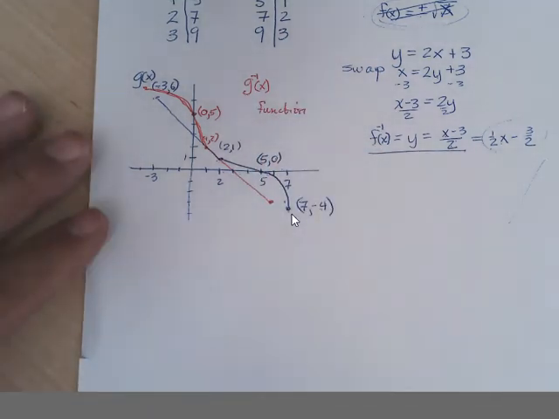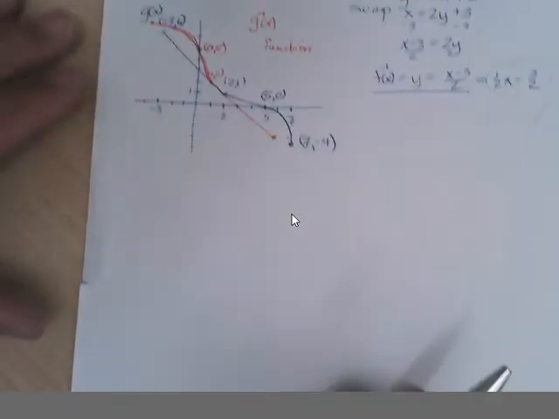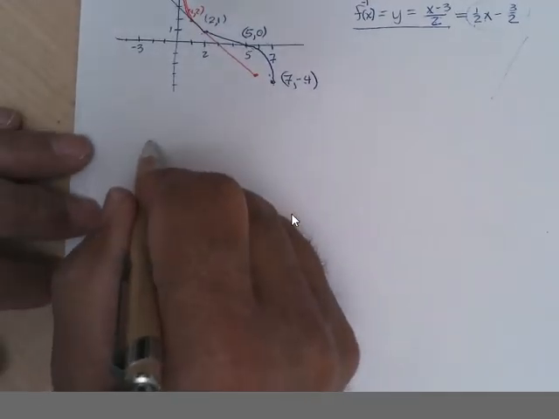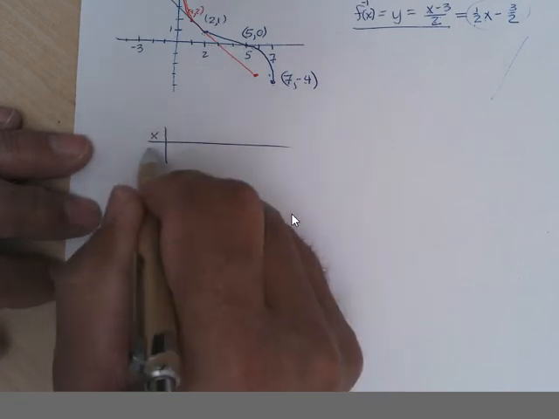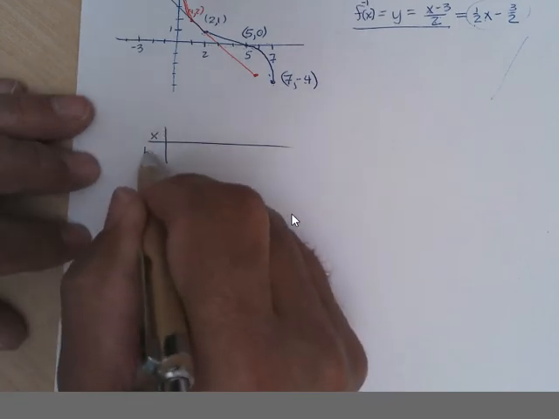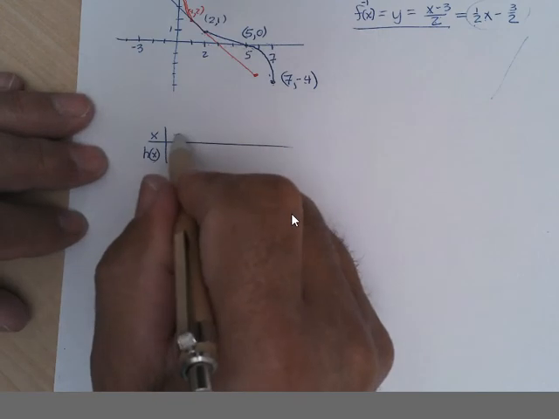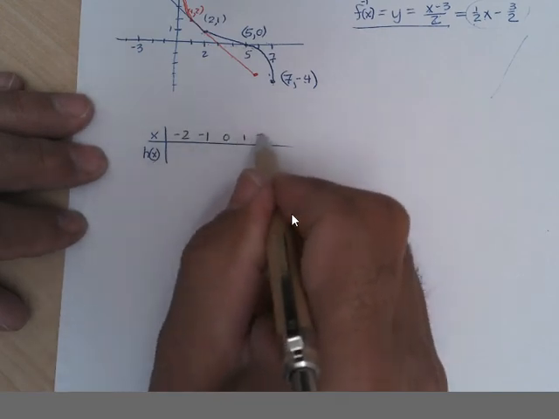Okay, so there's a graph. Here's a table. Let's do another table. Let's say I had the inputs here and the outputs here, and let's call this h of x. And let's say my inputs were minus 2, minus 1, 0, 1, 2.